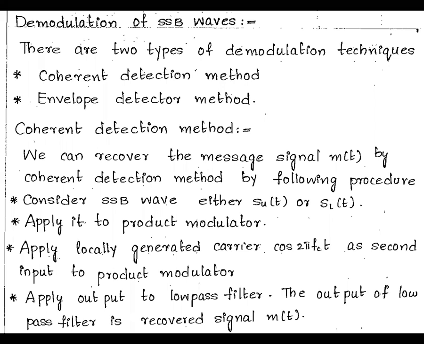One is coherent detection method, and another one is envelope detection method. These two methods are used to demodulate SSB waves.